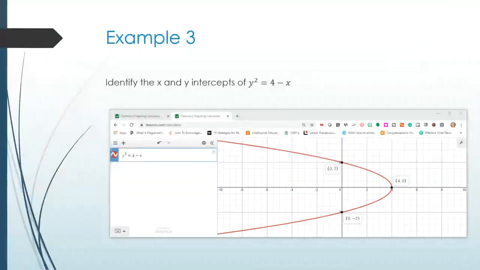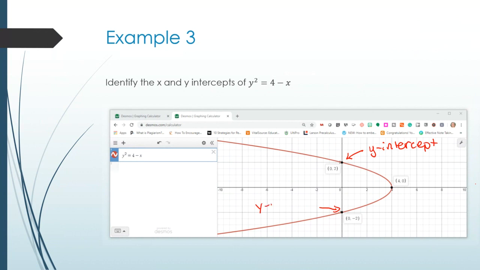Start up my slideshow again. So when you're doing the assignment and it says to find the x and y intercepts or identify the x and y intercepts, you can take a screenshot of your graph and put it in your assignment, and then you can label them. You can just label it like that's a y-intercept.